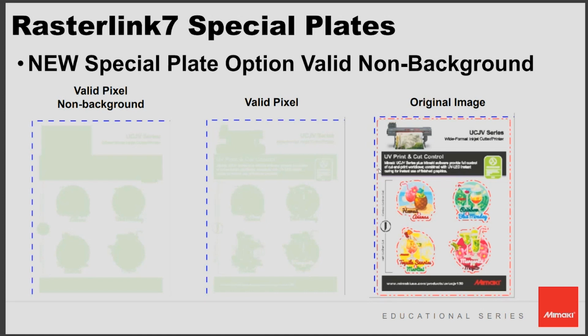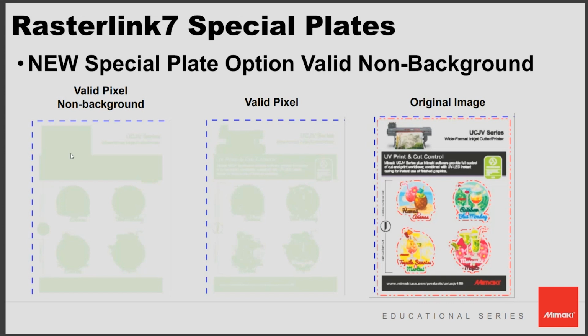The problem with that is anywhere that there's white in your image, it won't put a pixel behind that. So if I'm printing this image on a black substrate, everywhere that's white will be the substrate color, which means you won't see white ink where I want white to be. So we came out with an update, very important, valid pixel non-background.